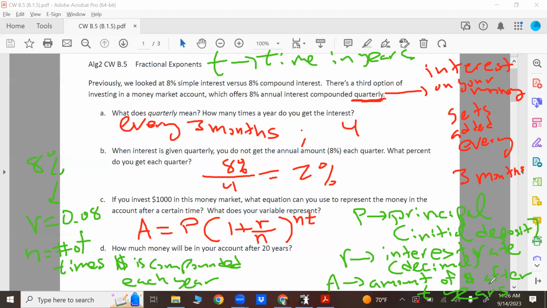How many times is money being added to your account? 8 times, right? That's why the exponent has to be NT, because you have to raise this multiplier to the 8th power if you're adding money 8 times. And you divide by N, because you're spreading the 8% over the 4 quarters of each year. And then A is the amount of money you have after the time.